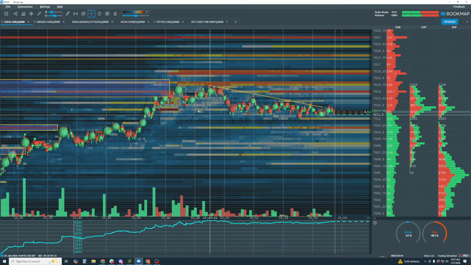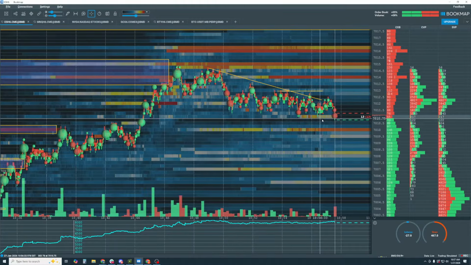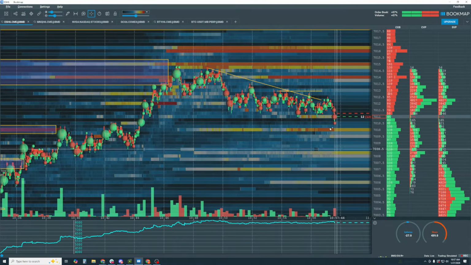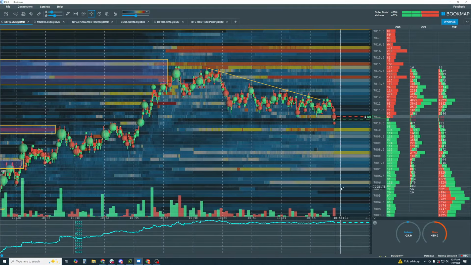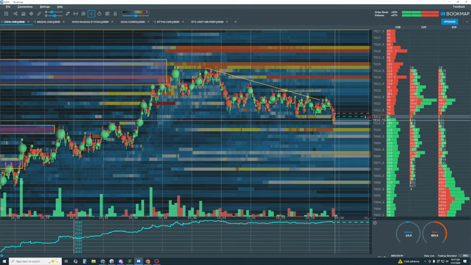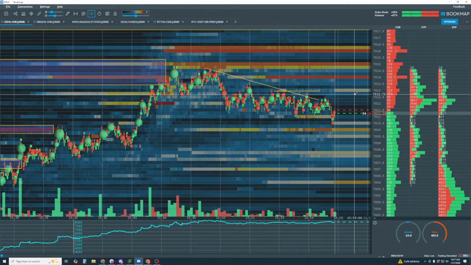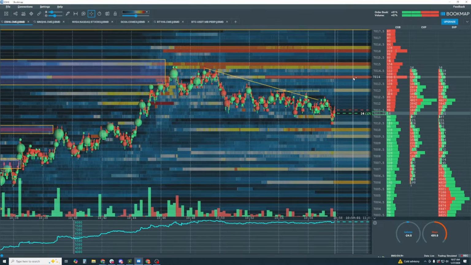What I'm looking for in here is a potential false breakdown and then buyers to come in. Okay, there we go. So I'm looking for a stop run here below our little low volume node. And now I want to see buyers come back in, and then maybe we can get back up to the highs.